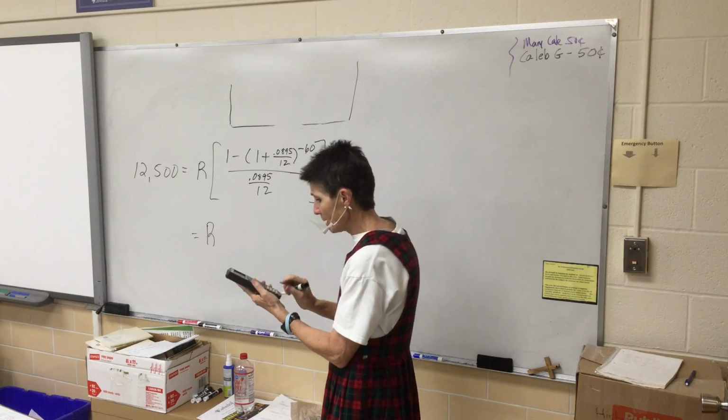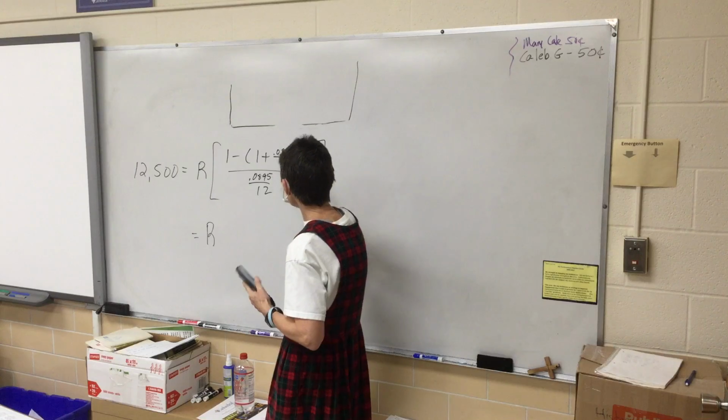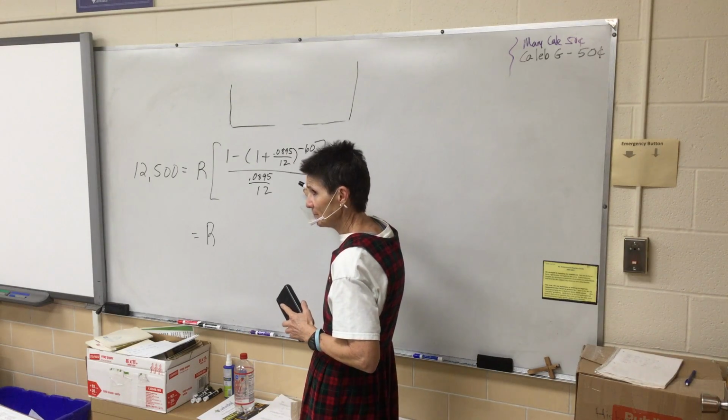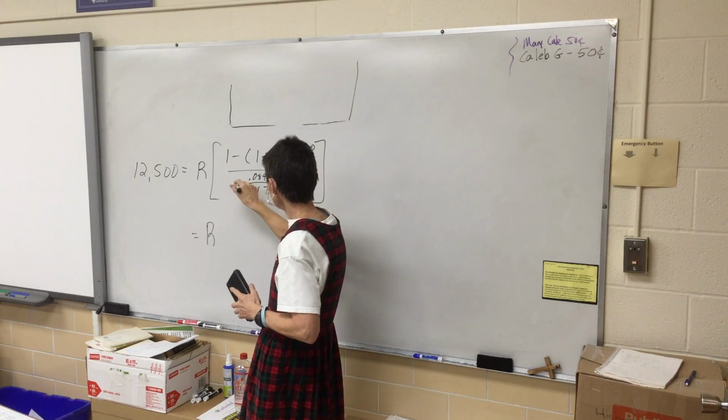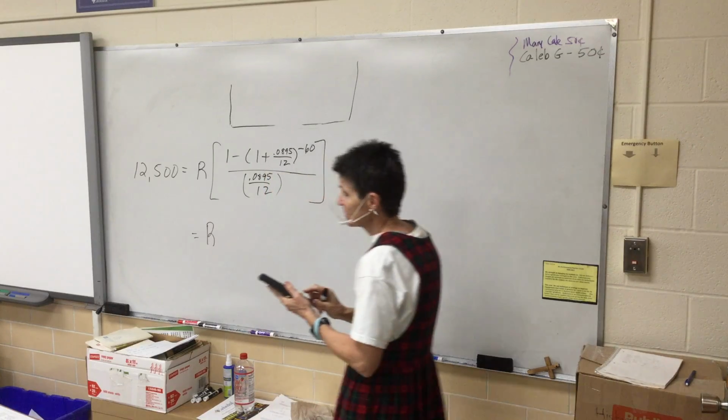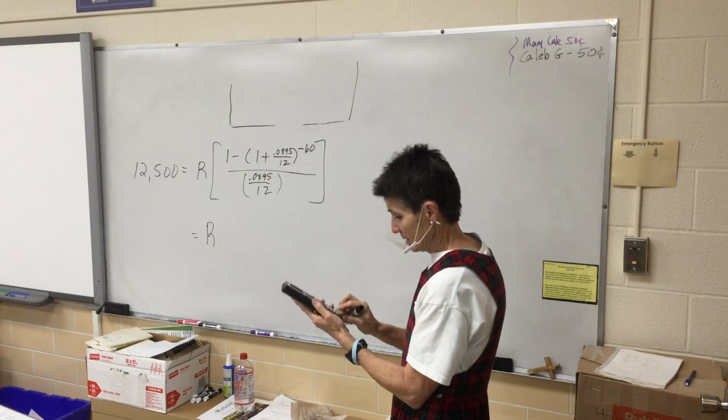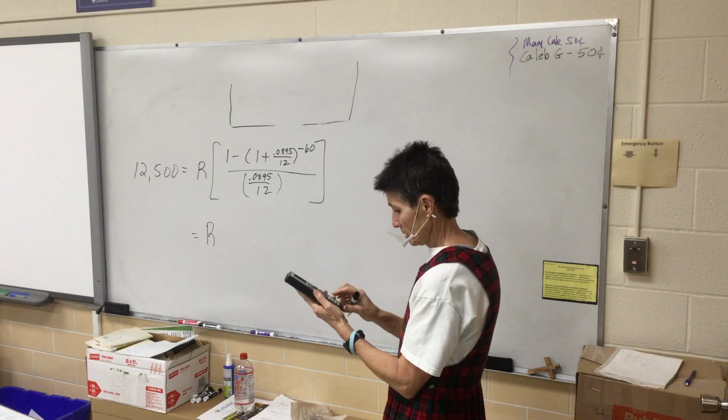So when I do that big bracket, Ellie, type in the numerator exactly the way I wrote it. It equals, and then divide by the denominator in parentheses, and that should work. So let's see what we come up with.